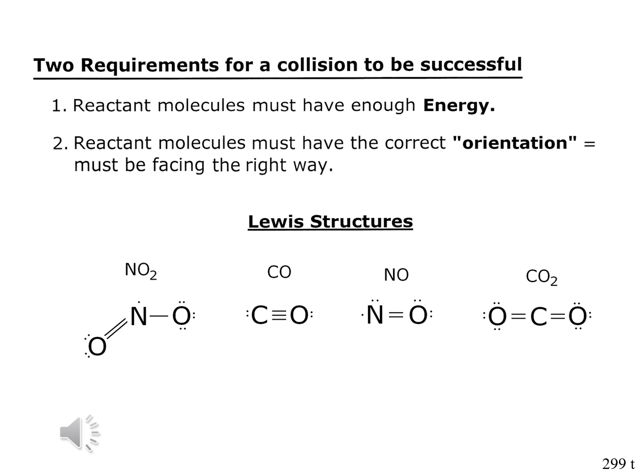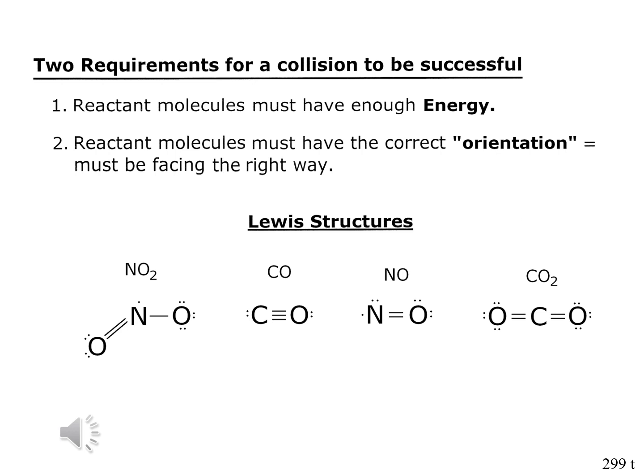So the next question comes in, why are not all reactions that fast? The truth is that molecule A and B can bounce off of each other without reacting. There's two requirements that they have to fulfill in order to react. First of all, the molecules have to have enough energy.